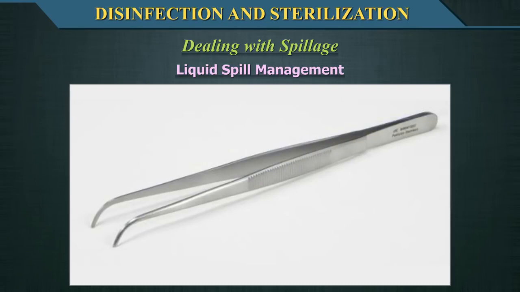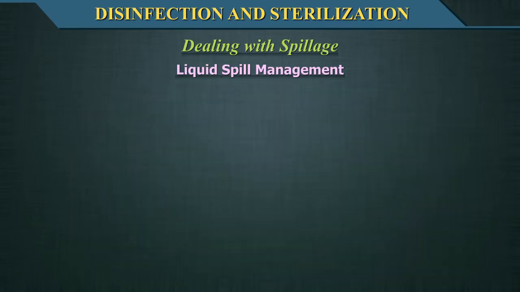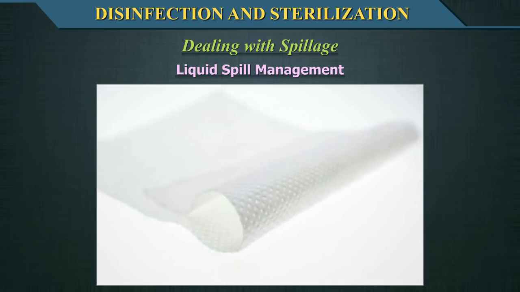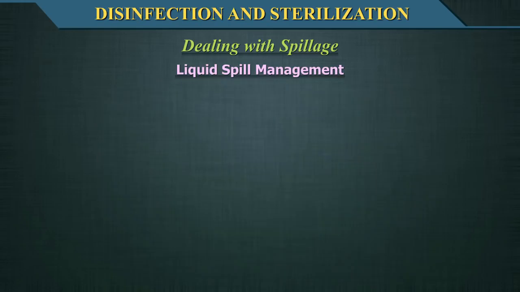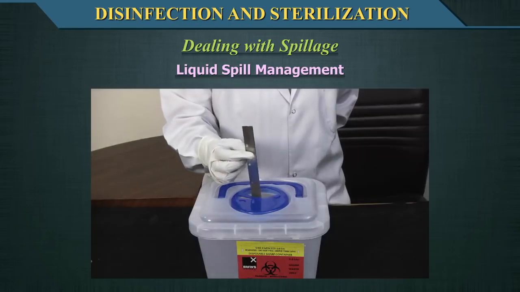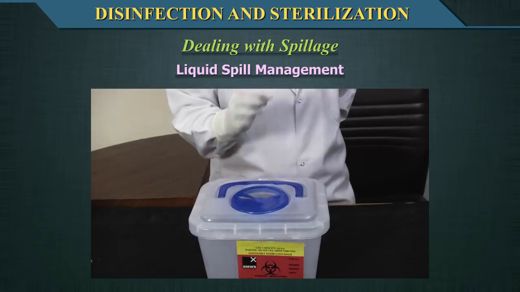Using a pair of forceps and gloves, carefully retrieve broken glass and sharps if any, and use a large amount of folded absorbent paper to collect small glass splinters. Place the broken items into the puncture-proof sharps container.